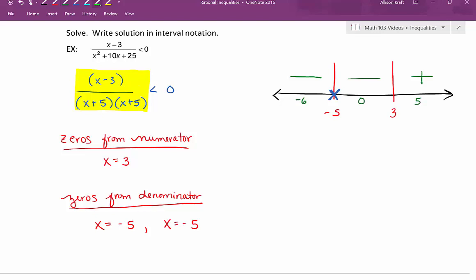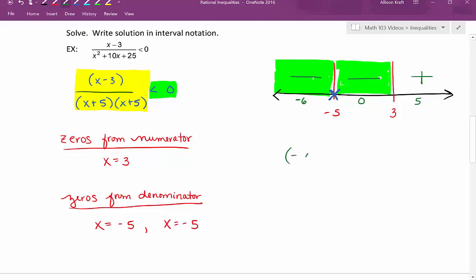Now we turn our attention to the inequality symbol. We want to be strictly less than 0. So what kind of numbers are less than 0? Negative numbers. So that includes this interval and this interval. Our inequality symbol is a strict inequality, so that means that we're not going to include the endpoints.